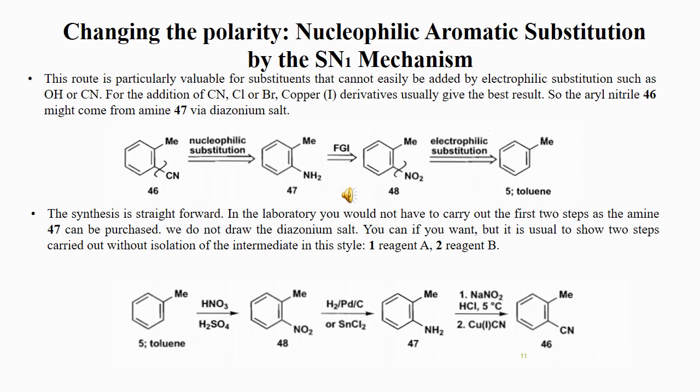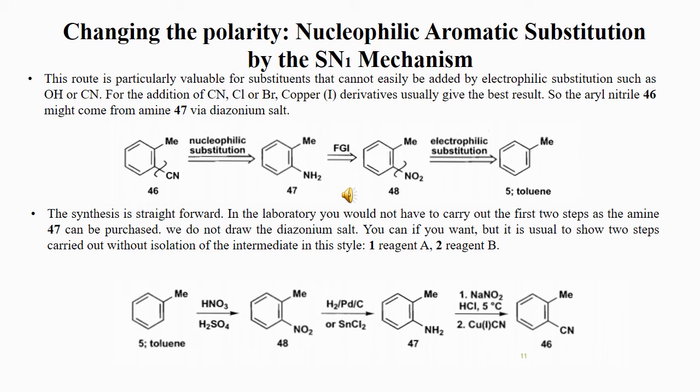Now if we check the synthesis, it is very straightforward. The diazonium salt 42 is stable only at 0 to 5 degrees. If you keep the temperature at 0 to 5, the diazonium salt will remain.